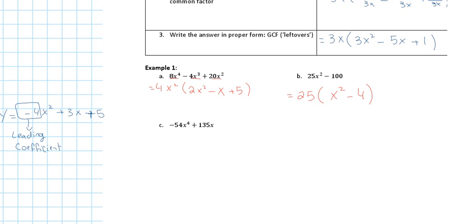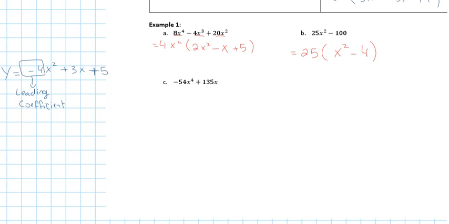How about the next one? 9x? We have to take the negative out, so it's going to have to be negative. If you're looking at 54 and 135, is that 9?